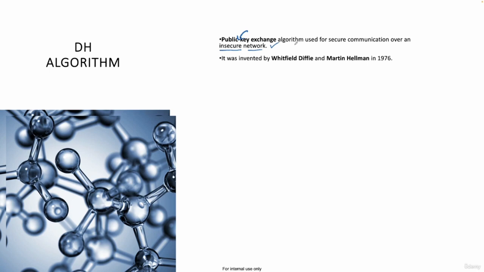And we will see how this whole magic happens, and we will take an example of a coloring scheme. I'll show you where two people, Alice and Bob, will be talking to each other, and eventually they start with the same colors and end up encrypting each other's messages, and then they come up with the shared secret, right? As we now understand, it was invented by Whitfield Diffie and Martin Hellman in 1976.